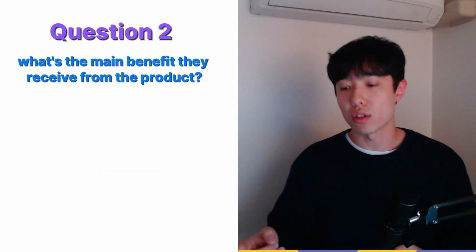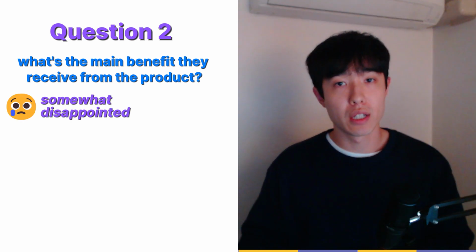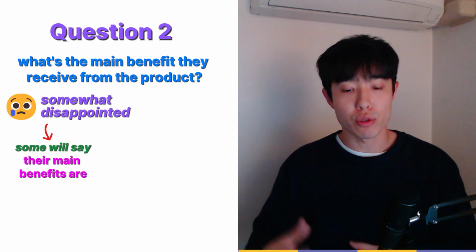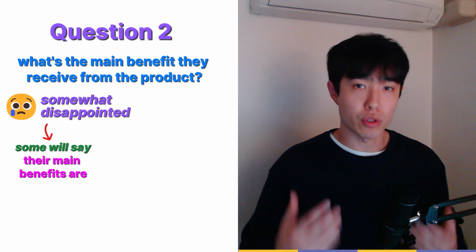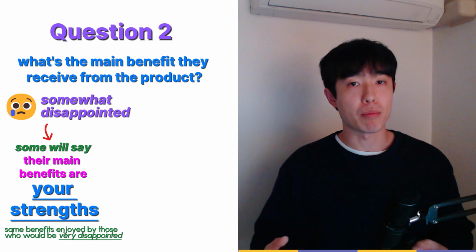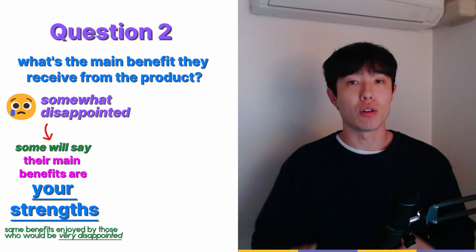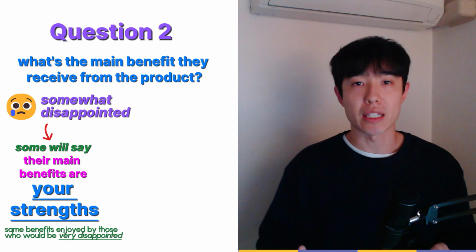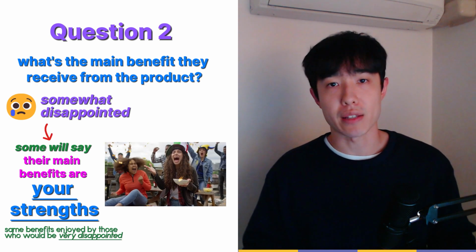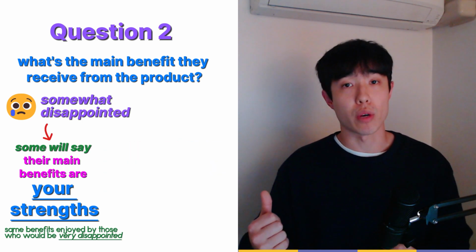And the second thing you're going to look out for is, for those who say they would be somewhat disappointed, how many of those people also describe one of your strengths as the main benefit that they receive? These are people who are very close to becoming very disappointed, or they're very close to being your loyal raving fans, but there's just something that's holding them back. And it's something that we'll look at in question 3.